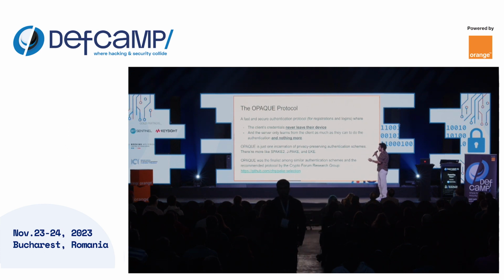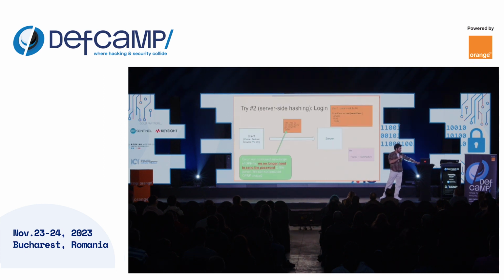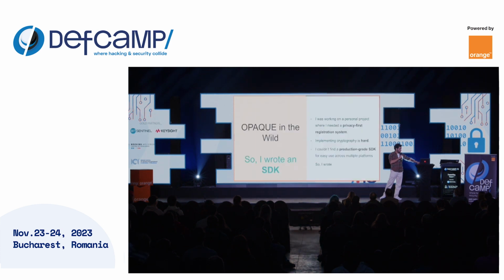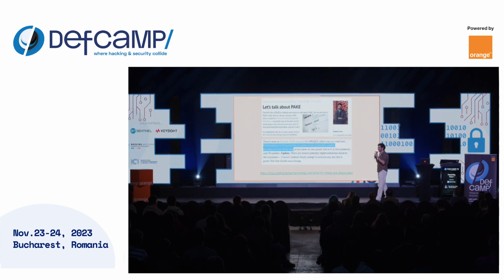SPAKE2, J-PAKE, and EKE. From what I understand, and don't quote me on this, I think OPAQUE is the only one that's actually using OPRFs. The rest are not. And I think this is the reason why Matthew Green wrote his post, if I'm not mistaken. I have to double check that, but I think OPRFs are only used with OPAQUE. That's the idea behind it.